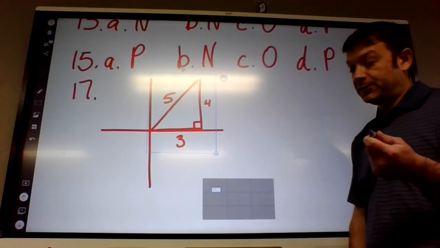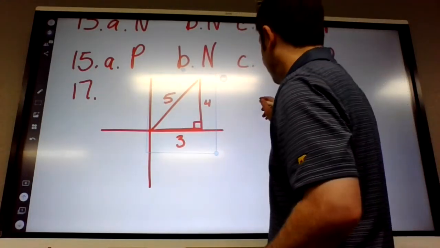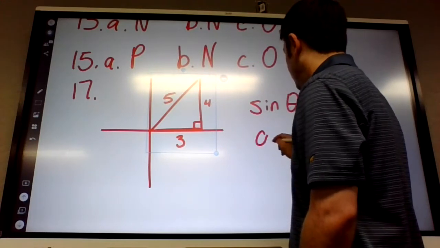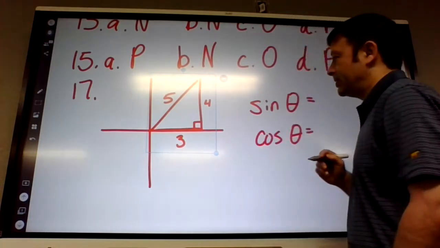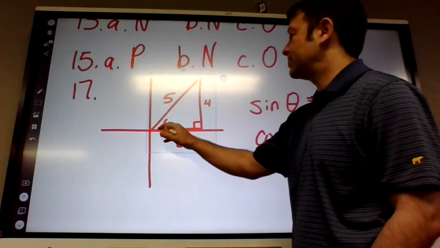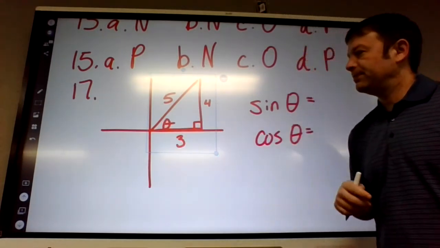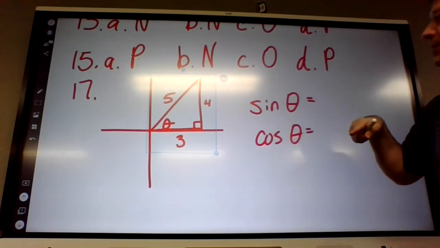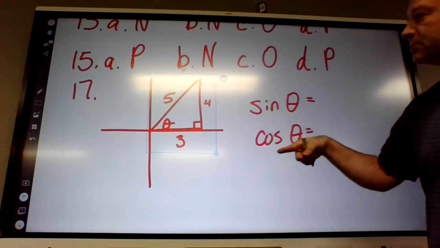All right, anyways, the questions are what is sine of theta and what is cosine of theta. So you could use the SOHCAHTOA thing, like sine is opposite over hypotenuse. Here our theta is just the central angle. Or you could use what we talked about today. Sine is y over r.